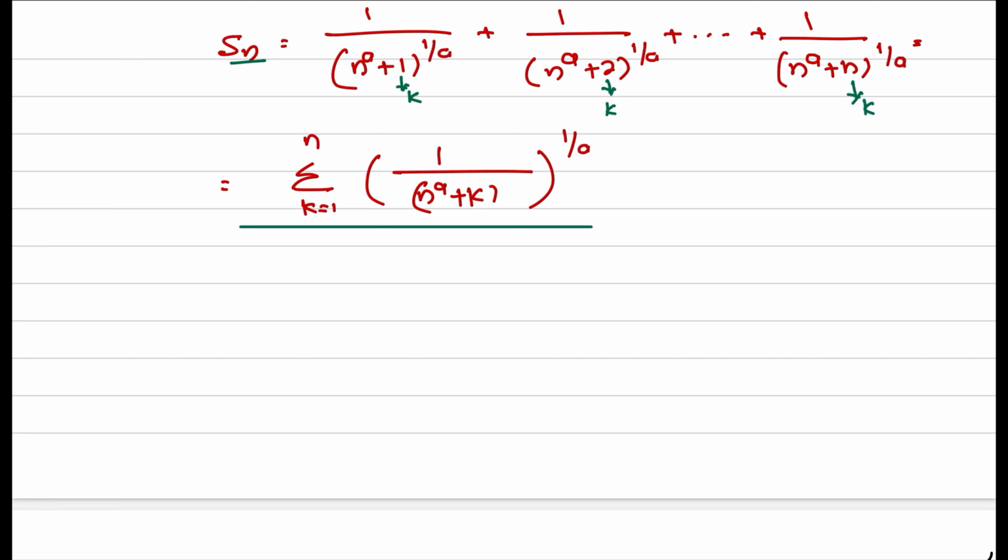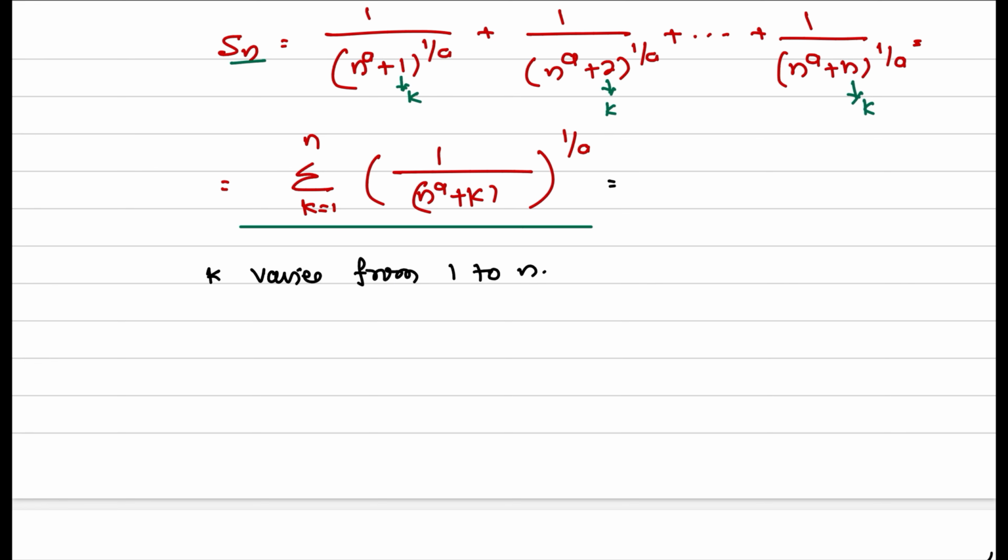When a is greater than 1, what happens? k varies from 1 to n. Can we write this in another way also?